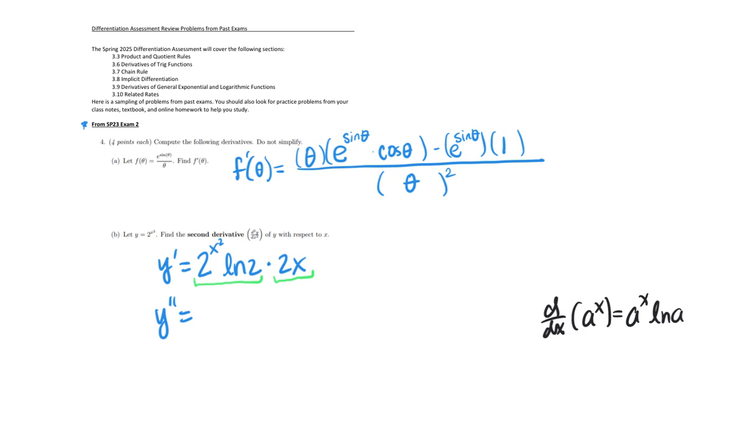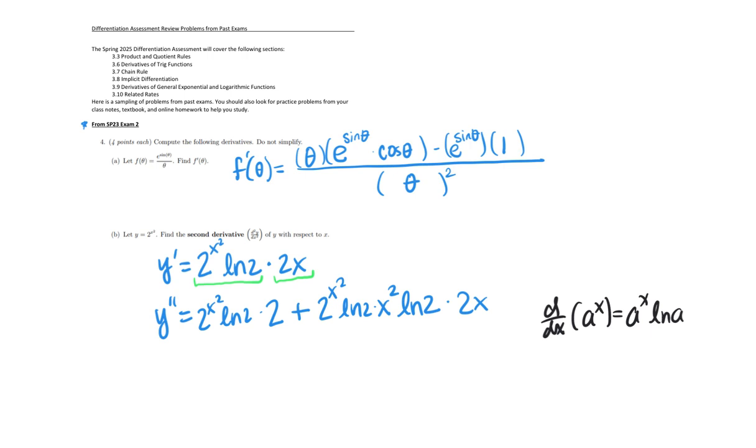Using product rule, I leave the first part alone, 2 to the x squared, natural log 2, times the derivative of the second part, which is a 2, plus the derivative of that first part, 2 to the x squared, natural log 2, times x squared, natural log 2, and then times, I leave the 2x alone.